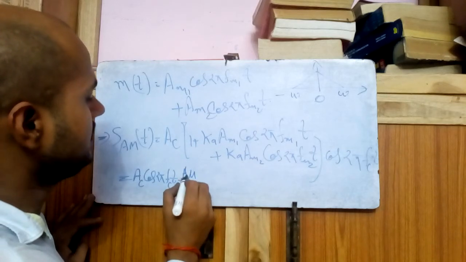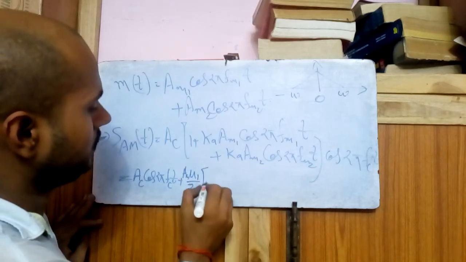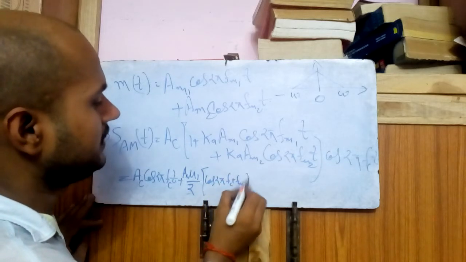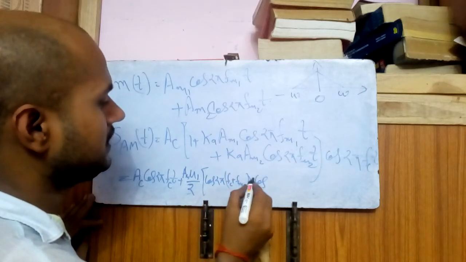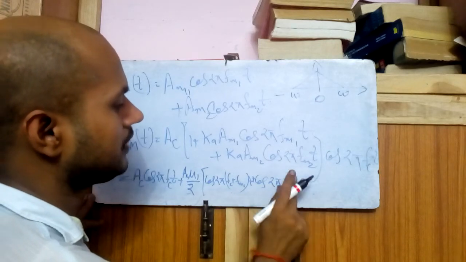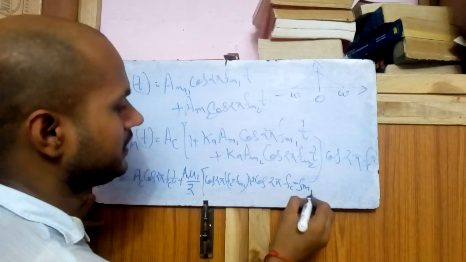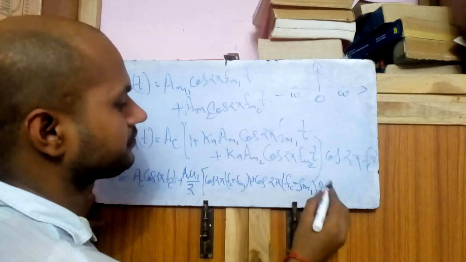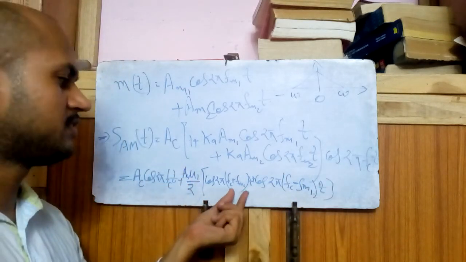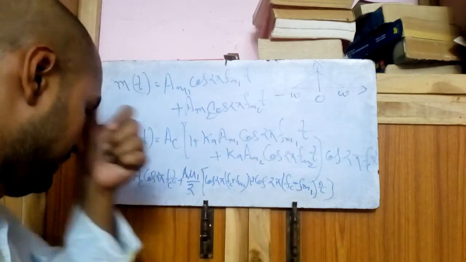So Ac mu1 by 2 cos 2 pi (fc + fm1) t plus Ac mu1 by 2 cos 2 pi (fc - fm1) t, the upper side band and lower side band.